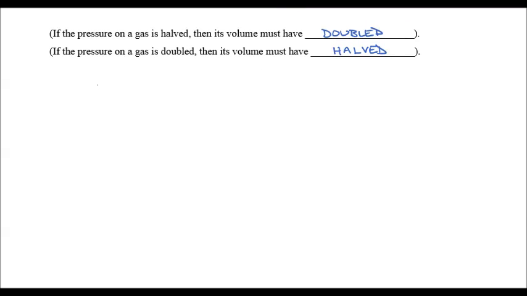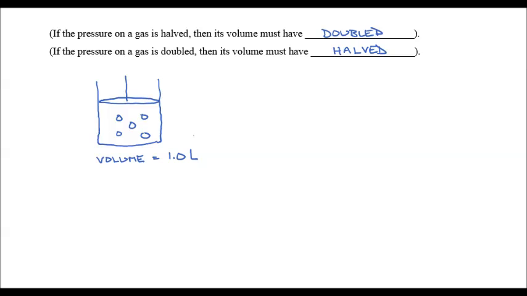So we're going to draw a cylinder. And inside the cylinder is a piston. We have gas particles at a volume of 1.0 liters. The piston is pushing down with a pressure of 100 kilopascals.